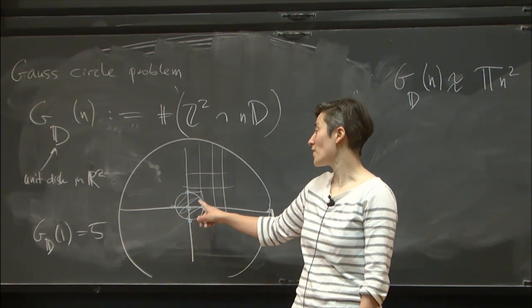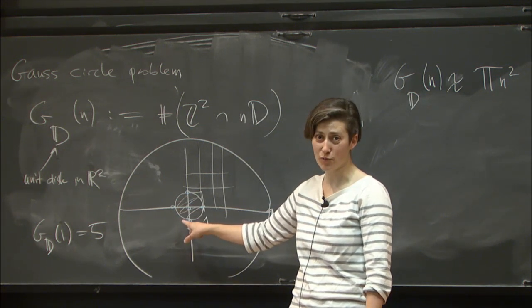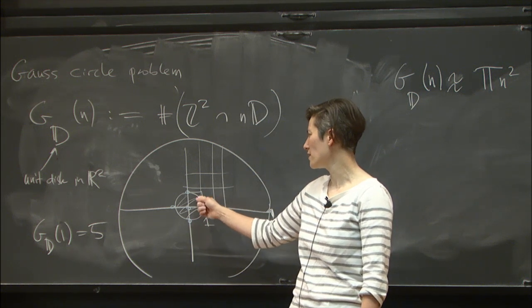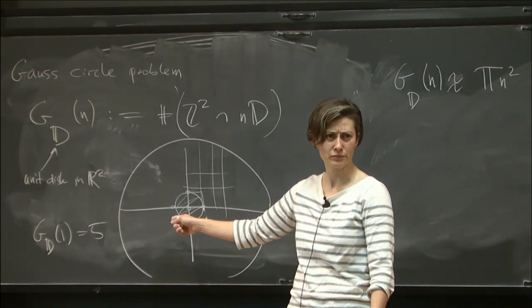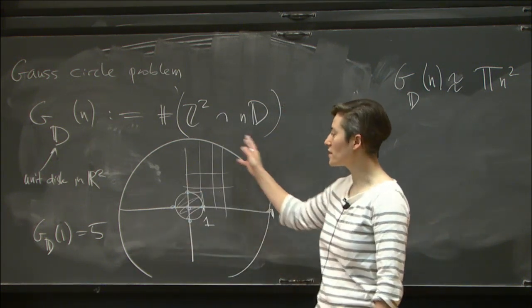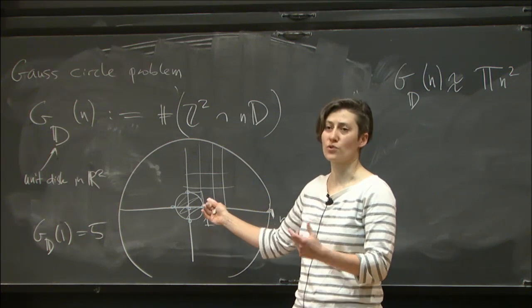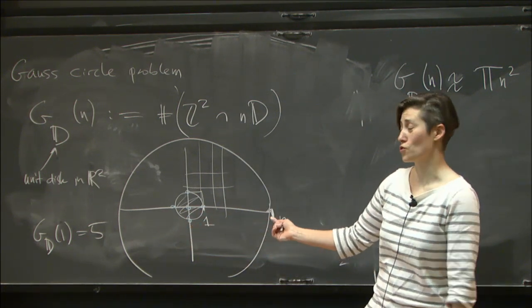You could, in fact, if you staggered the grid of squares so that they were centered at the lattice points, then there's really roughly 1 lattice point per square. Or you could just assign squares to their southwest lattice points or something like that. And so that tells you there's roughly as many lattice points as there are unit squares, i.e. roughly the area. And that's what Gauss thought, too.